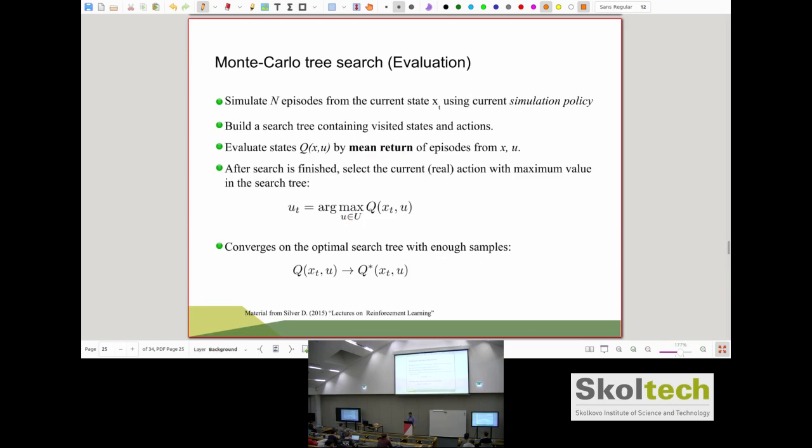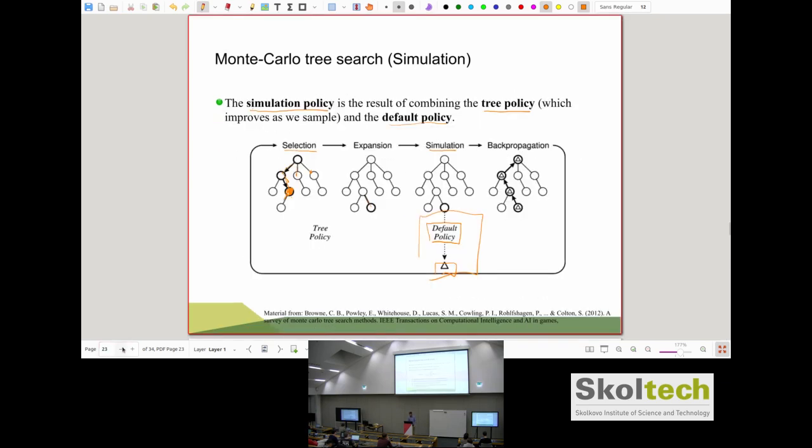After we finish the search, we select the current action that is maximum according to the tree. How is this? We have updated this Q function that is telling us, for the current state, what the possible expected values are if we were executing this policy. And you have to think that we have executed this many, many times. So choosing an action here is not just choosing this action.